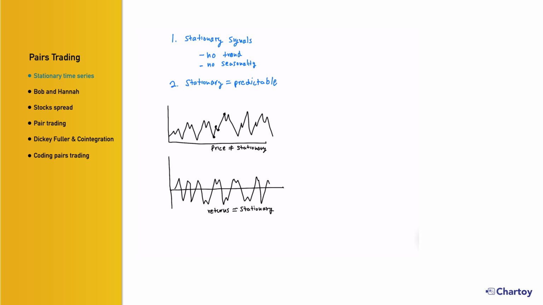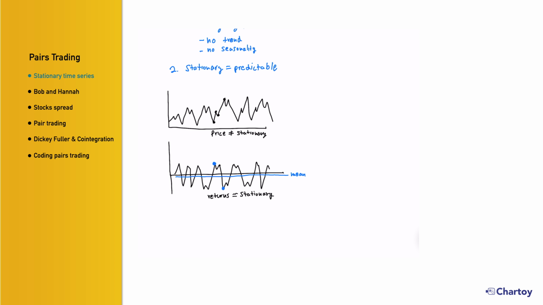So the returns are much closer to being stationary. We can see here that the mean, the average, is close to zero, which means it's constant, and the variance, which is the distance from the mean, is also very close to constant along this time series.